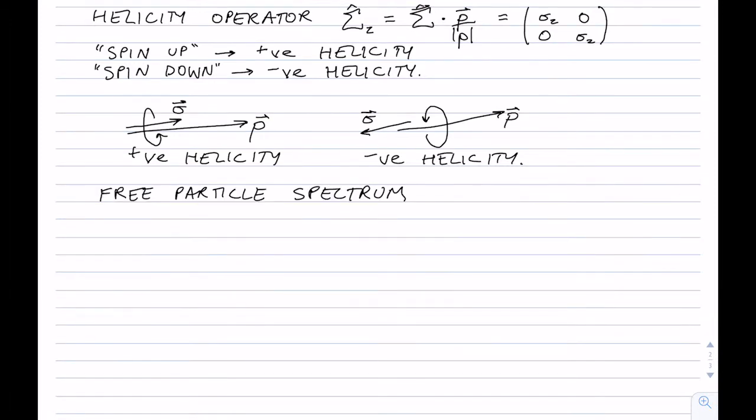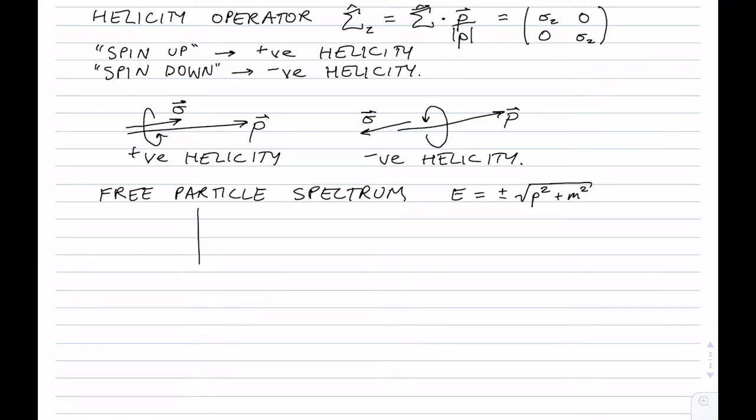The next thing I want to touch on is this free particle spectrum, where we've seen that for the free particle, E equals plus or minus the square root of P squared plus M squared. And let's actually map that out.